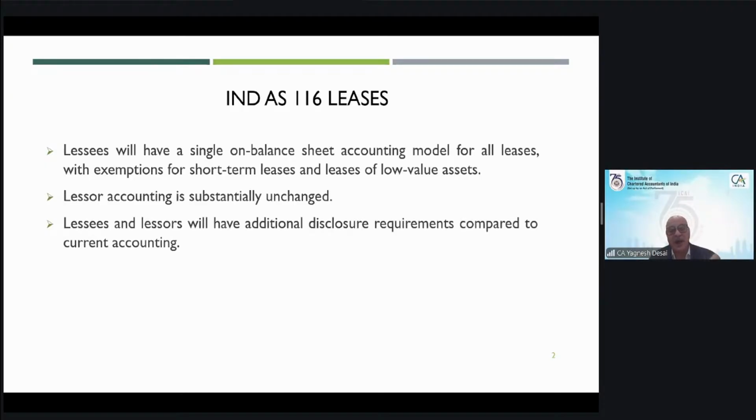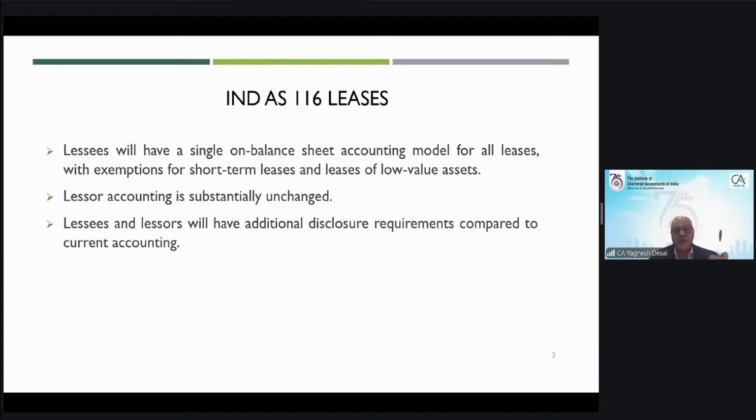At the same time, how to measure the lessee's implicit rate in a lease. So the entry passed initially by the lessee is as under: initially he recognizes the present value of the lease payments using the incremental borrowing rate or the implicit rate, and concurrently, simultaneously, he recognizes the right of use asset.